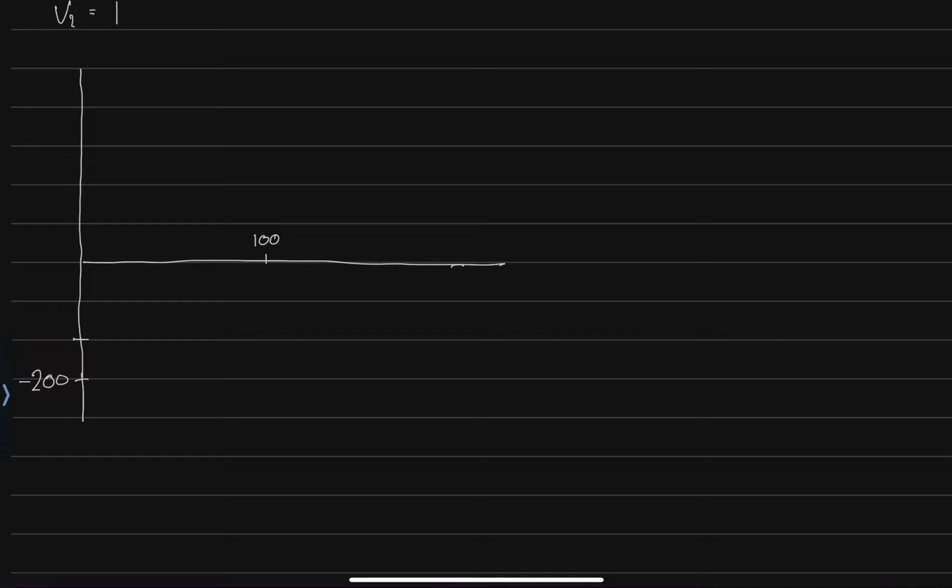It's going to be negative 200. And this happens up until the point where the stock price meets the strike price. So this axis is going to be my stock price as a function of time. This is my stock price.